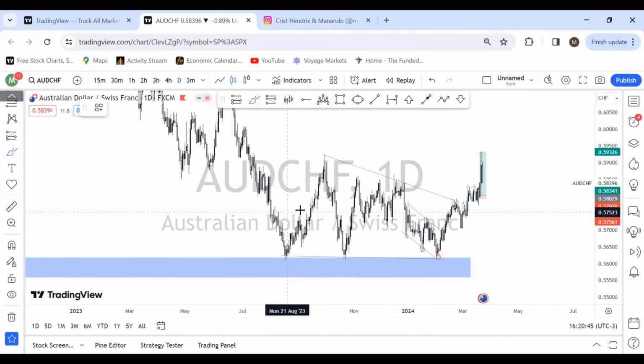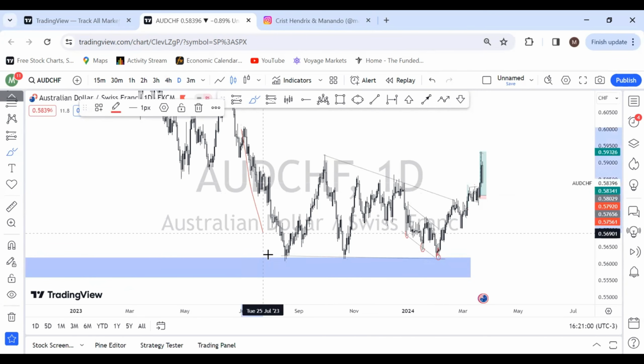When the price reaches your levels, whether it's your support or resistance, it could reach them in an impulsive phase or in a corrective phase. Right here, we reached our support in a corrective phase because the price started correcting.